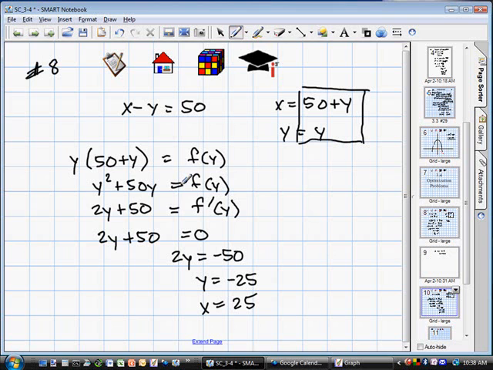Now, easy job. Find derivative. Set derivative equal to 0. Solve. Y equals negative 25. Well, if y is negative 25, then what's x? Actually, the easiest way is to do it right here. If y is negative 25, then what's x? Positive 25, right?